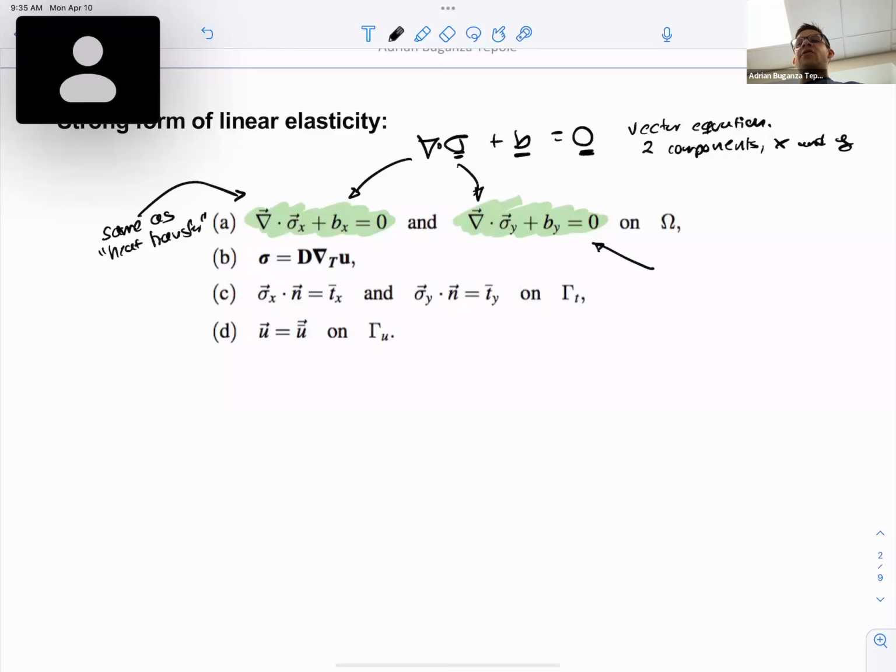And this one is also the same as heat transfer. Same structure. I mean, it has a different meaning, but it's the same structure. So again, in other words, the elasticity problem is basically solving two heat transfer type problems at the same time.